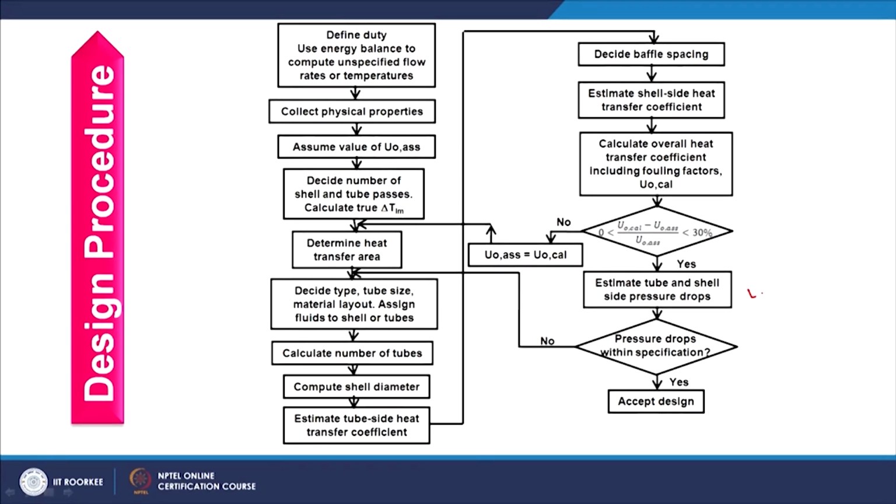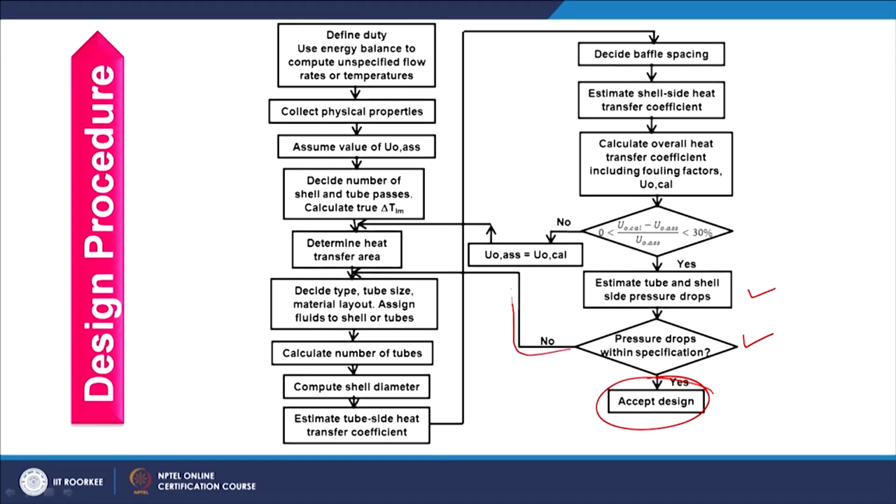Now, once I am having this estimation of tube side and shell side pressure drop, I can compare that pressure drop within the permissible limit, and if it is falling within the permissible limit, we can accept the design.